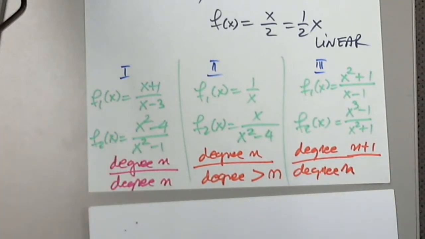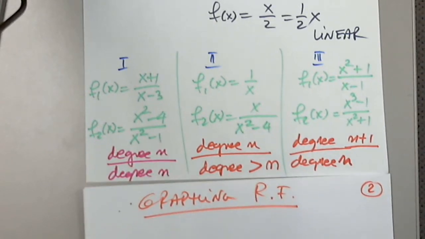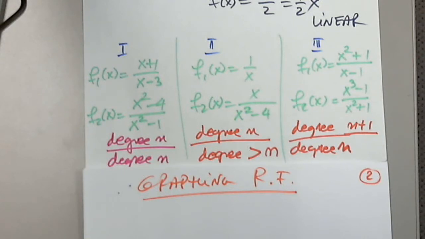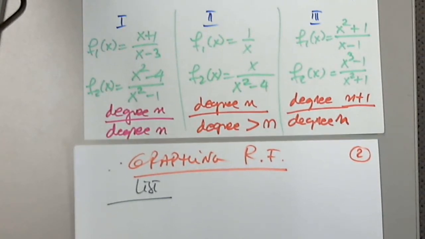Any questions? Okay, so we're talking about graphing rational functions. And we are going to look at all 3 of them. And let's start with a list. We have a long list of requirements, like we had with polynomials, and more.